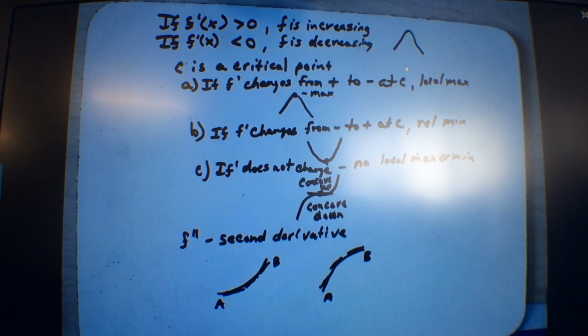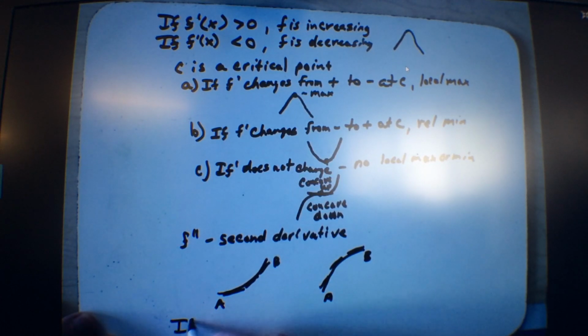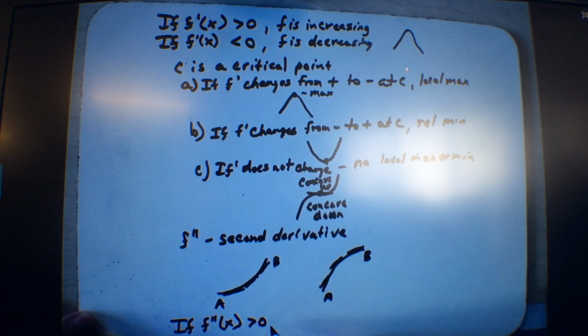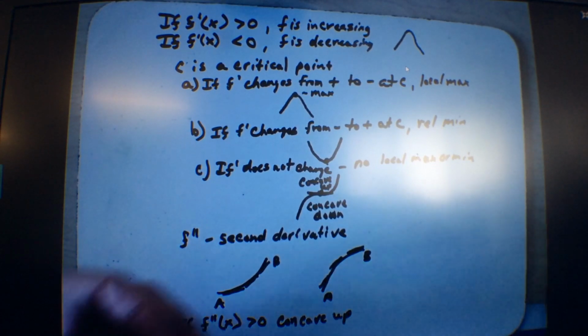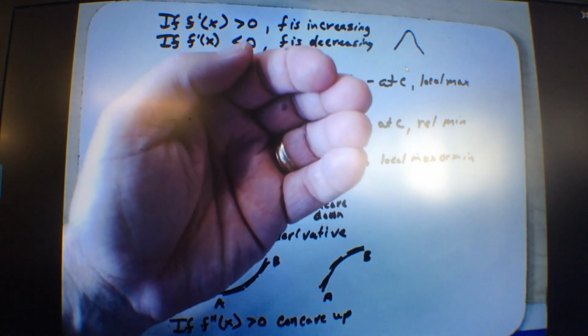All right? So there's a concavity test right underneath that, correct? That says, if f double prime of x is greater than 0, that means it's positive, right? Then it is concave up. Now think about that. Your hand is like this, right?